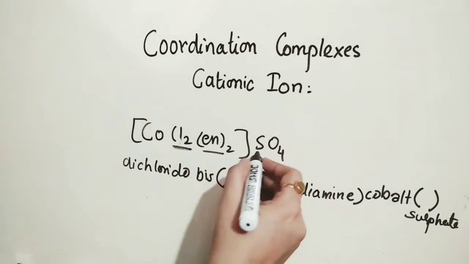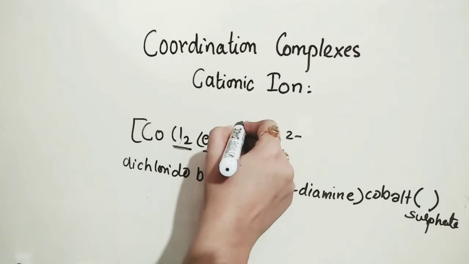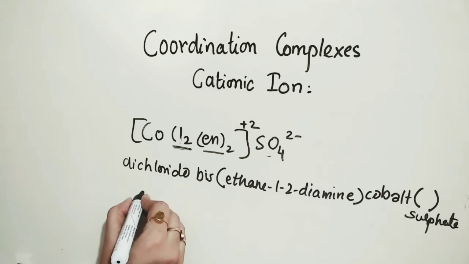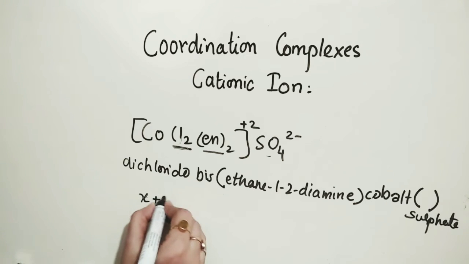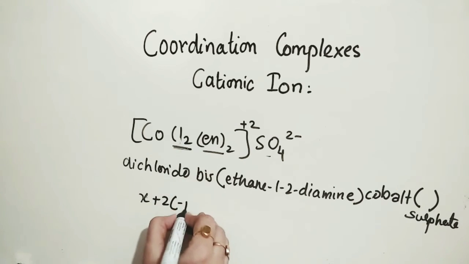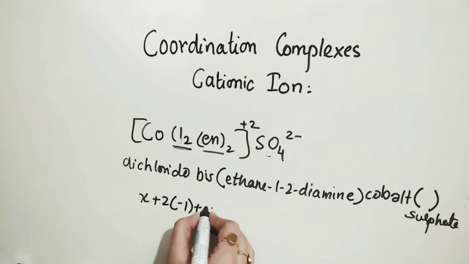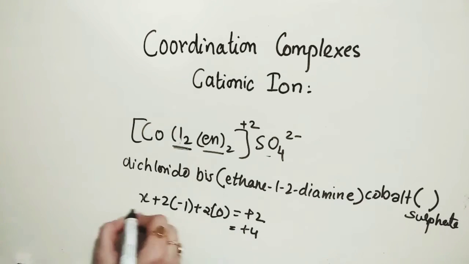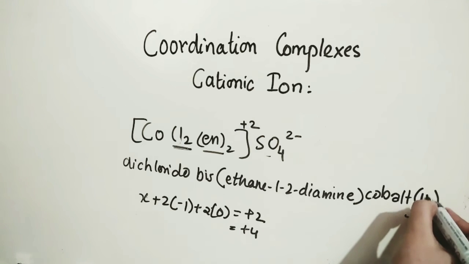Now sulfate carries a -2 charge, so the complex will carry +2. So now Co is X plus 2 into -1 plus 2 into 0, because ethane-1,2-diamine is a neutral ligand, equal to +2. So the answer comes to be +4. So X comes to be 4.